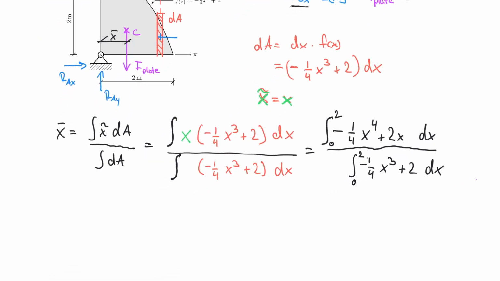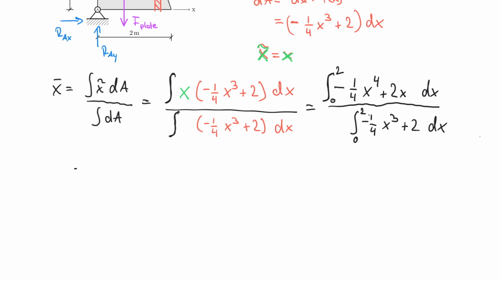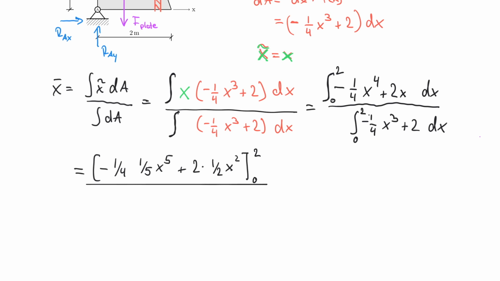And if I now rearrange everything, then what do I end up with? I end up with -1/4 times 1/5 x to the 5 plus 2 times 1/2 x squared, and the whole thing integrated from 0 to 2, and I divide it by the entire area, which happens to be -1/4 x to the 4 plus 2x, and that also needs to be integrated from 0 to 2.